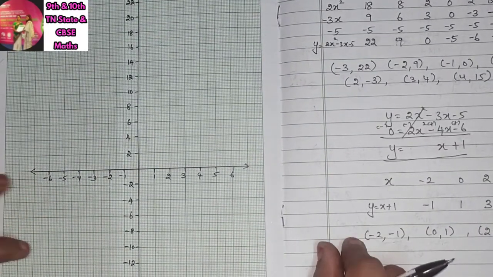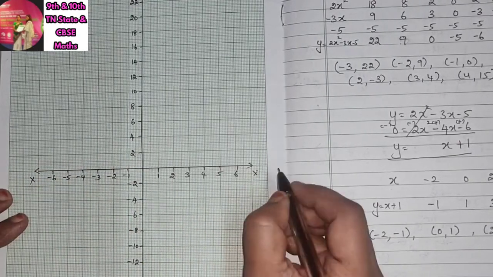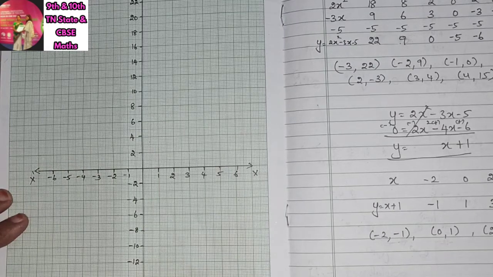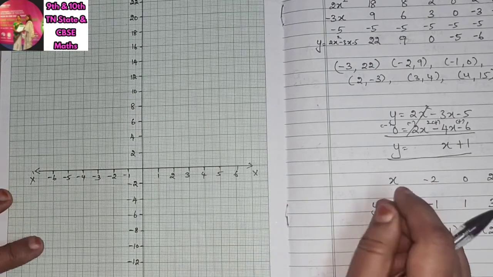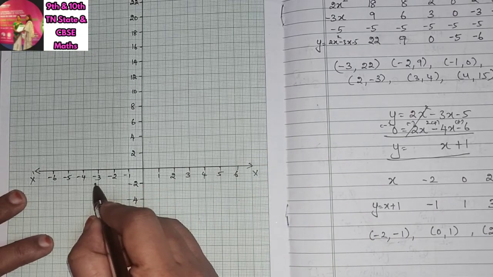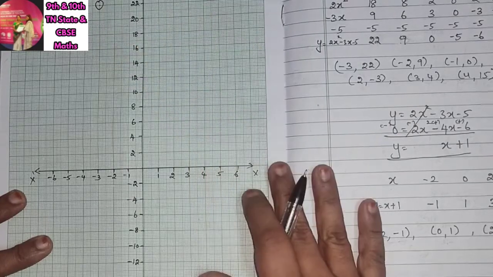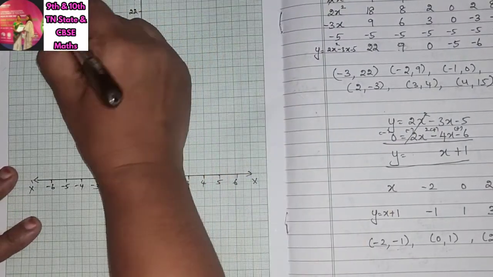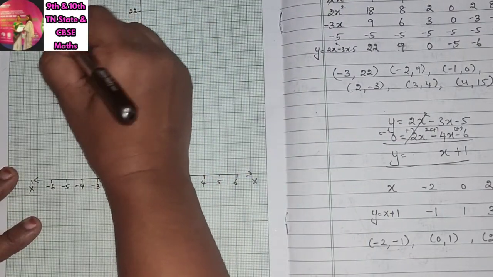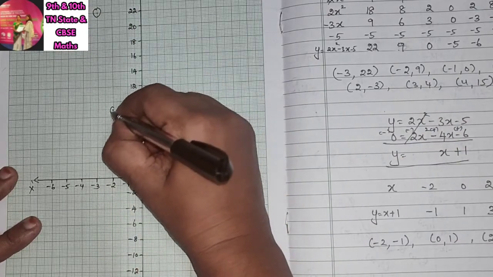So this is the x-axis, 1 centimeter is equal to 1 unit. And on the y-axis, 1 centimeter is equal to 2 units. So the first point is (-3, 22). Then the second point is (-2, 9), between 8 and 10.